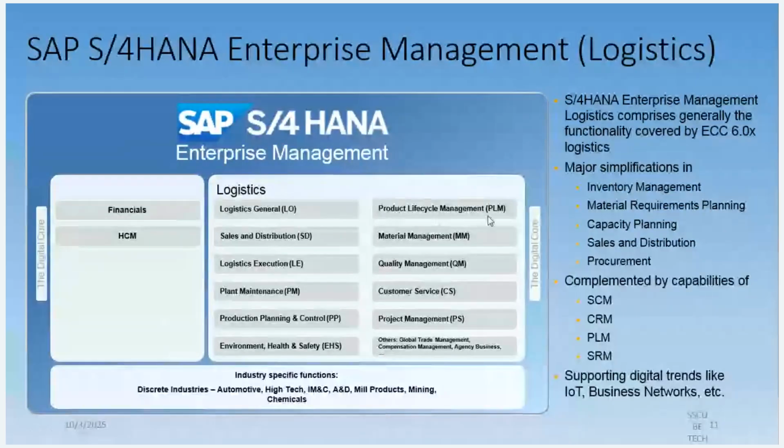Logistics general, product lifecycle management, sales and distribution, material management, logistics execution, quality management, plant maintenance, customer service, production planning and control, project management, environment, health and safety. All these come under logistics. That is the SAP S4 HANA Enterprise Management. So your material management module also comes under logistics.